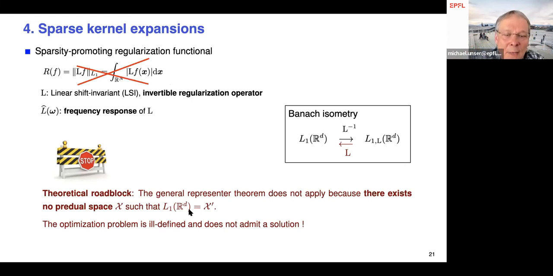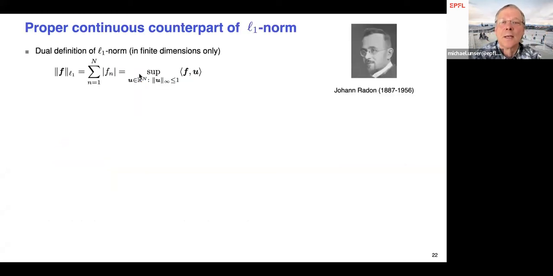And why is that? Because we cannot find a space X such that L1 would be the dual of that space. And the fundamental reason is also that if you write the optimization problem with the L1 norm, it doesn't have a solution. You have a limit point, but it's just outside the space. So let's try again.